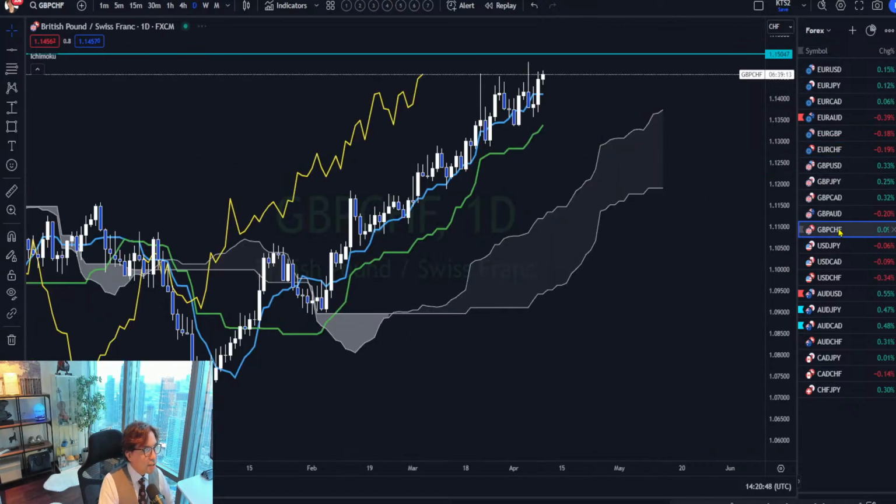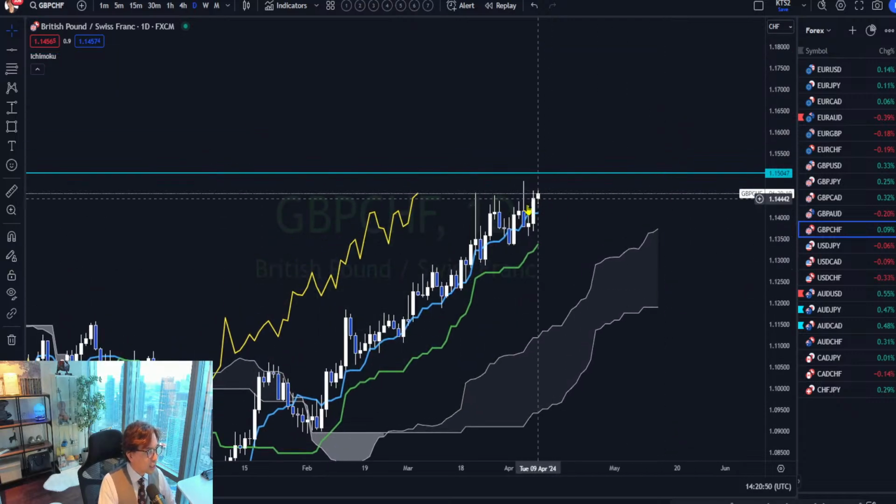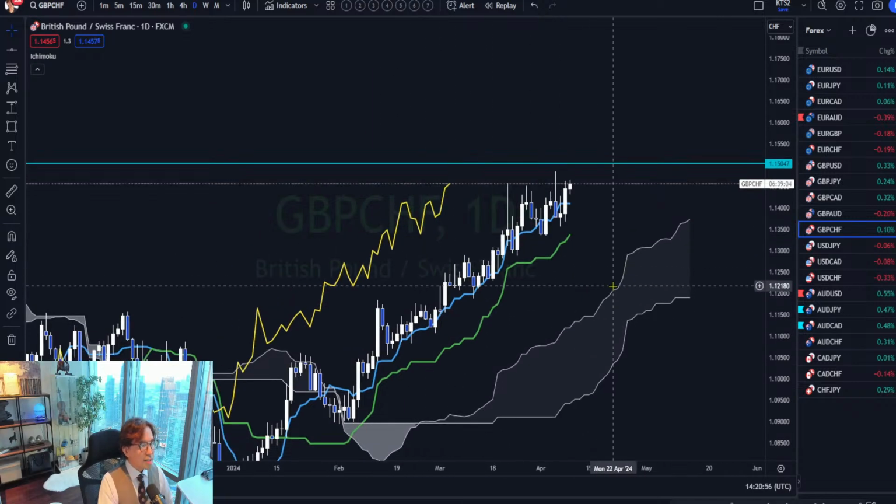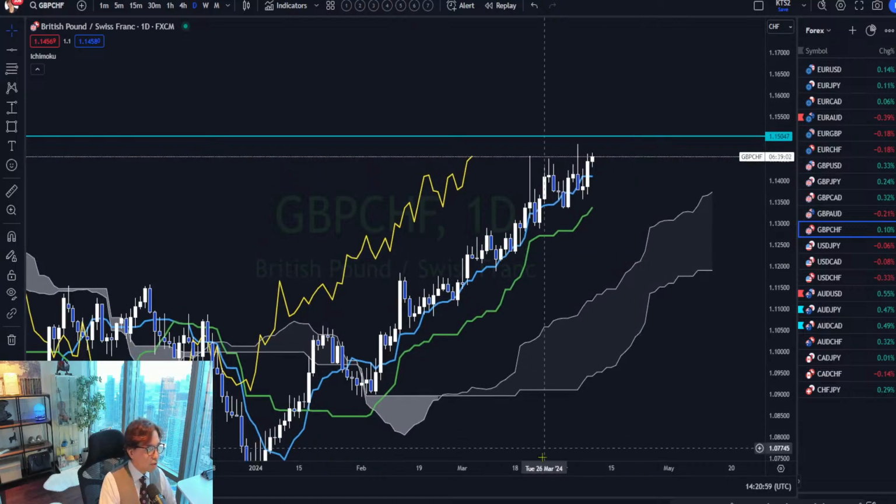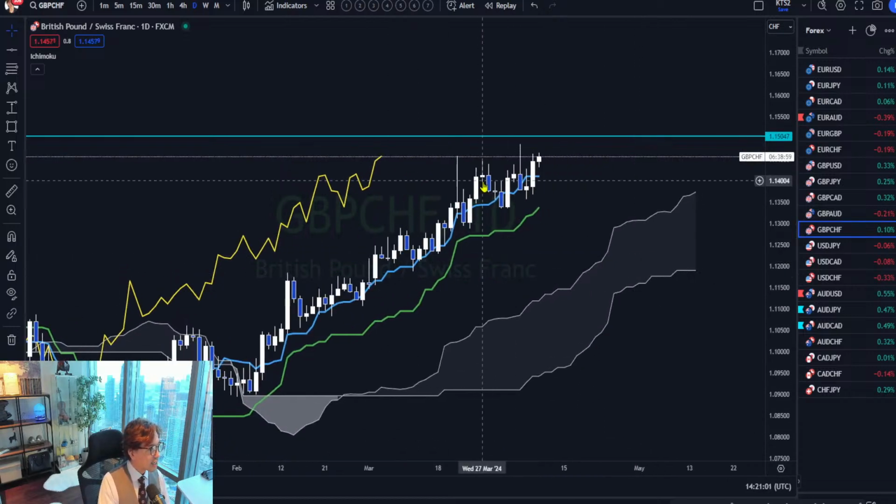And pound Swiss franc has been bullish too. This is now following. It has been supported by the Tenkan-sen. So this is the pattern in Ichimoku. Ichimoku Tenkan-sen, Kijun-sen works as support and resistance.